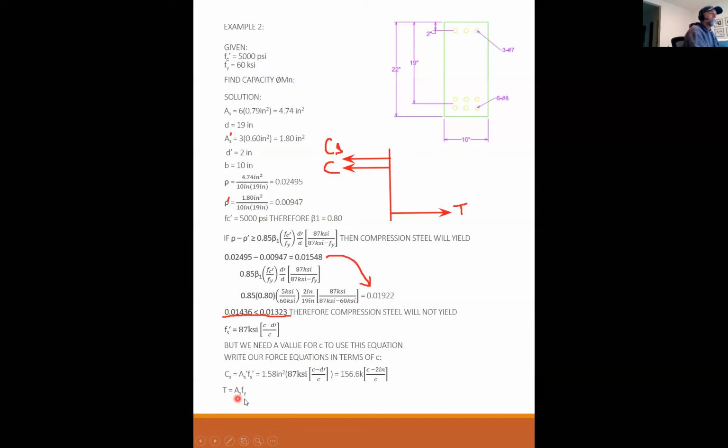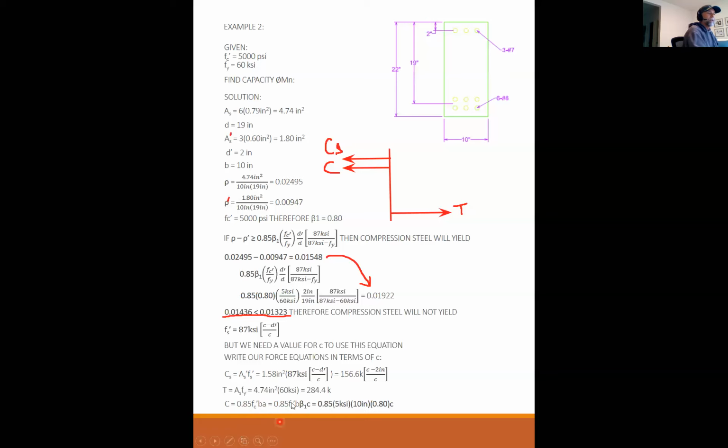T is AS times FY, so we know that right out. 4.74 times 60 is 284.4 kips. And big C, the compression in the concrete, is 0.85 F prime C b a, but we have a relationship between a and c, don't we? a is equal to beta 1 times c.